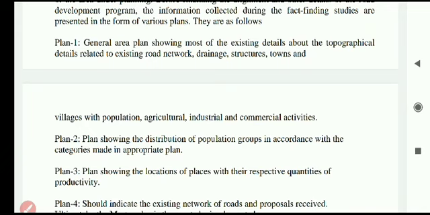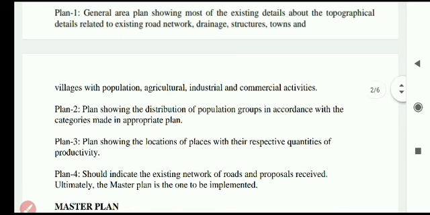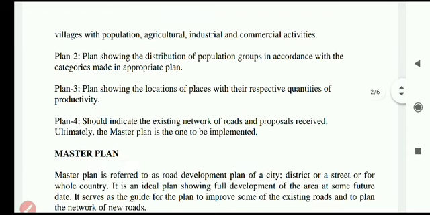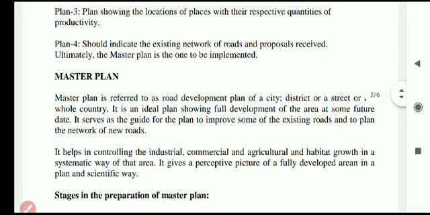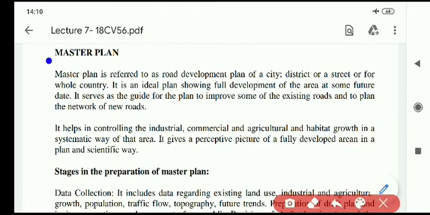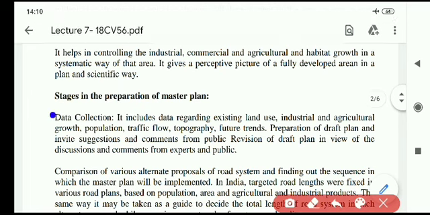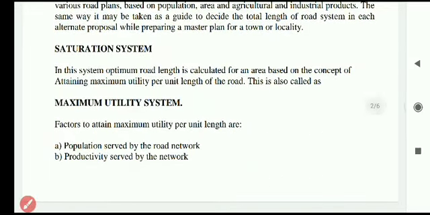First for the basic needs, second for population and growth, third for productivity, fourth for the development of the existing road networks. After that, we discussed the master plan, the ultimate or final plan for the development of any city. Road development of any city is called the master plan. In this master plan, different stages are there: the first is collection of the data, the second is comparison of the alternative proposals, and then implementation on the ground for the ultimate benefit of the public. Okay, and after this we'll focus on the saturation system.